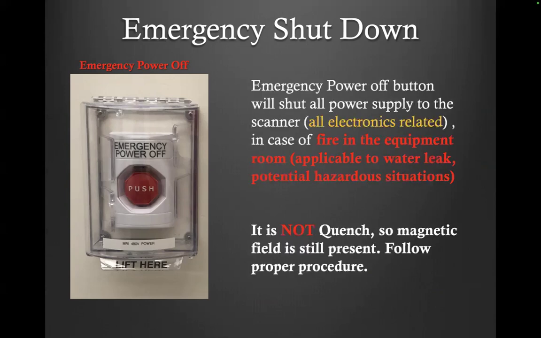This emergency power off button will shut off all power supplies to the scanner, all electronics, which includes your MRI console computer and your gradient cabinets, your RF cabinets, which are all in the equipment room. So you literally shut off all power to the MRI scanner. But your superconducting wire is still there. Your 3 Tesla is still there.